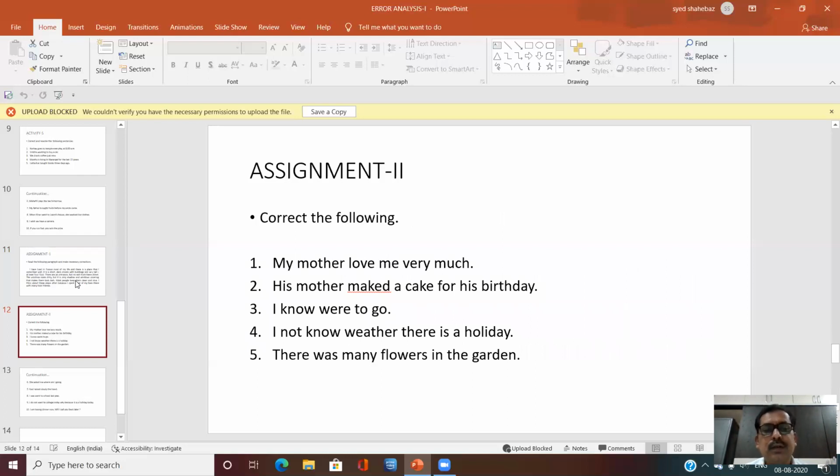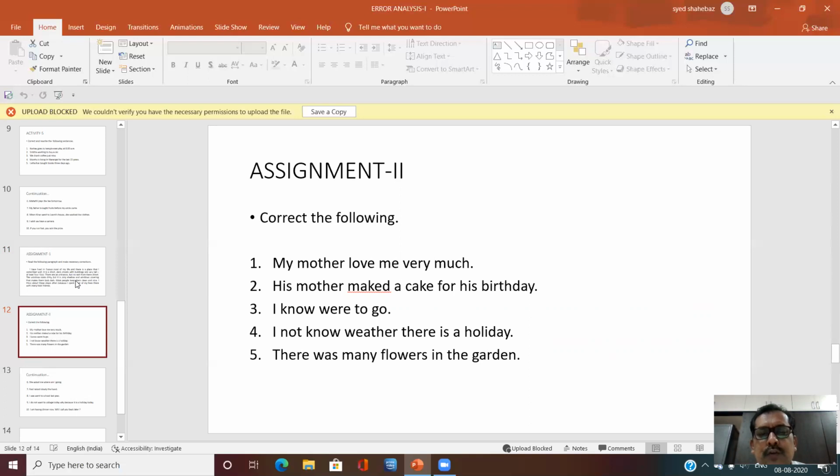Next, assignment 2. Let us see the sentences in the assignment 2. Correct the following. My mother loved me very much. It is a condition. It has to be expressed in simple present tense.